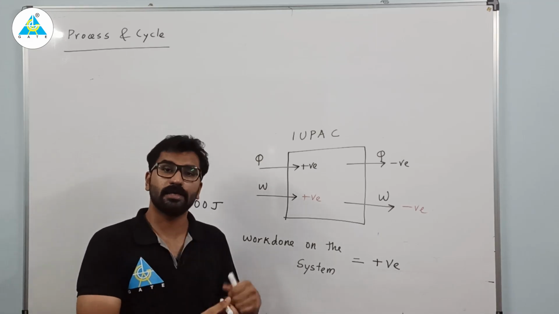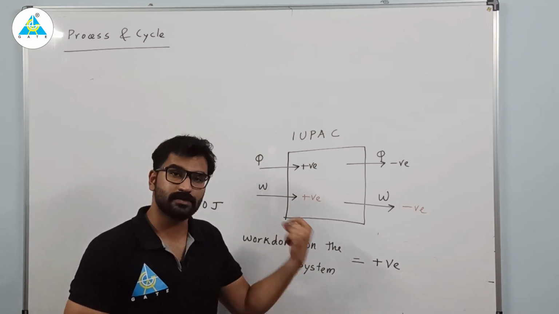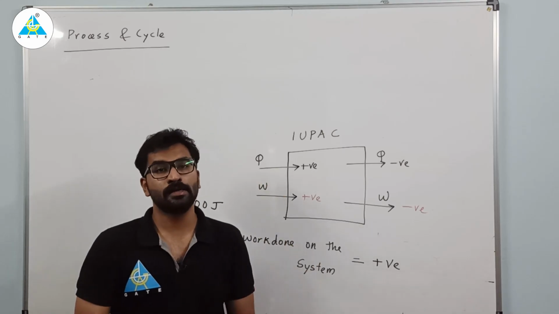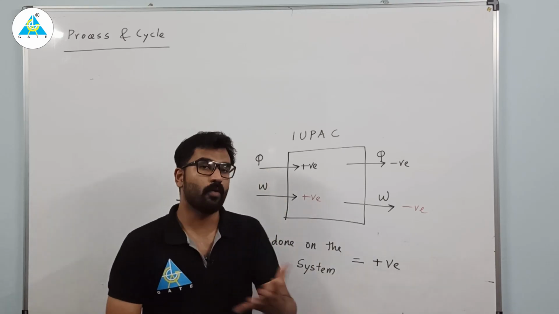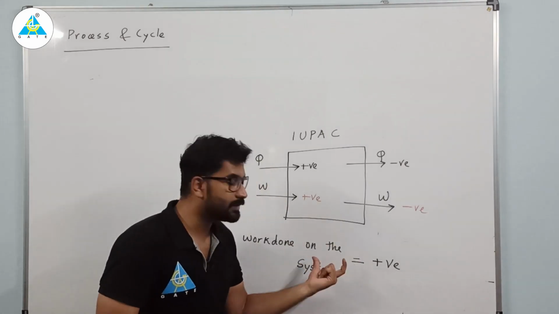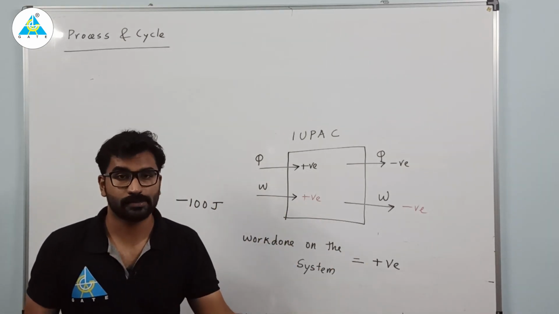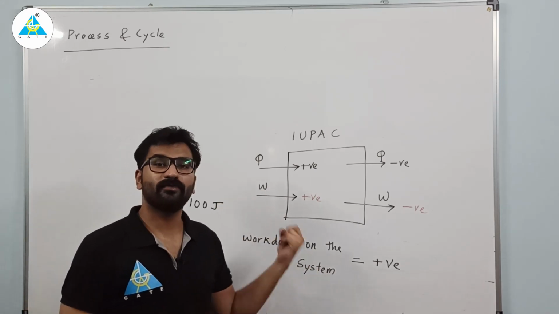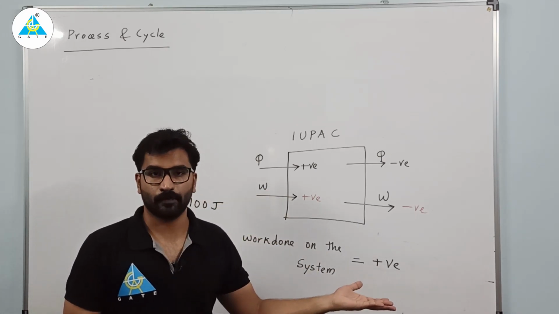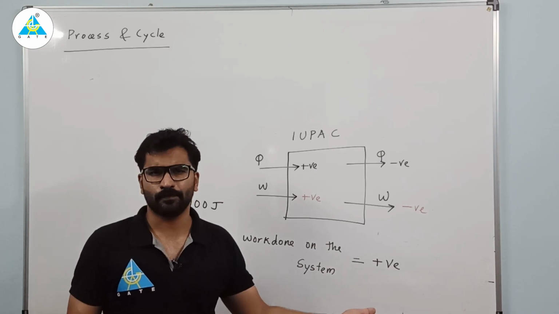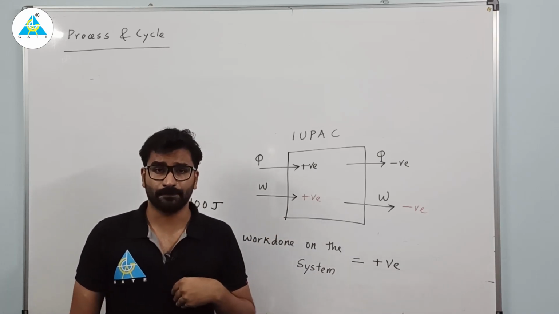And if they ask this kind of question, they will specify the sign convention in the question paper, because in our chemical engineering reference books, this sign convention is followed. So they have to give the sign convention they are using. Otherwise, we won't be able to solve the question or get the correct answer. Clear?